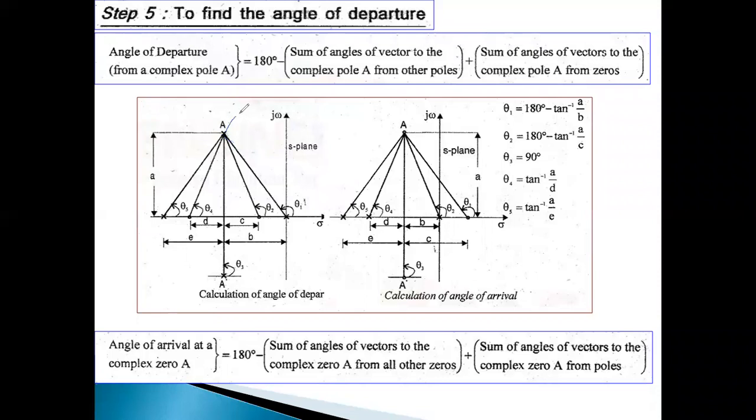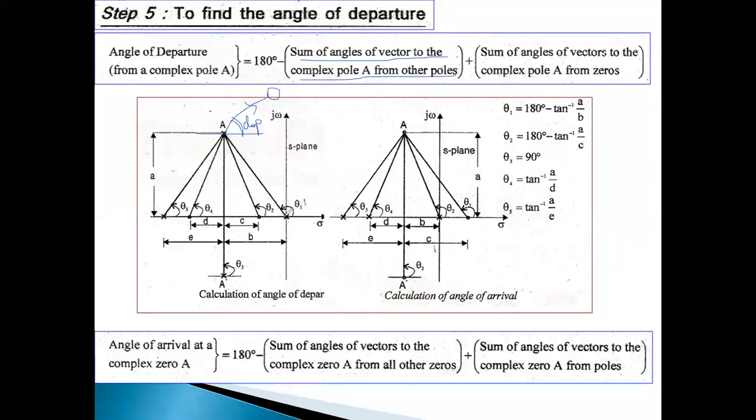For example, if the root locus branch is moving in this direction and finally reaches zero, which is at infinity, this is called angle of departure. How to calculate this angle of departure: 180 minus sum of angles, the sum of angles of vectors to the complex pole from other poles and zeros.